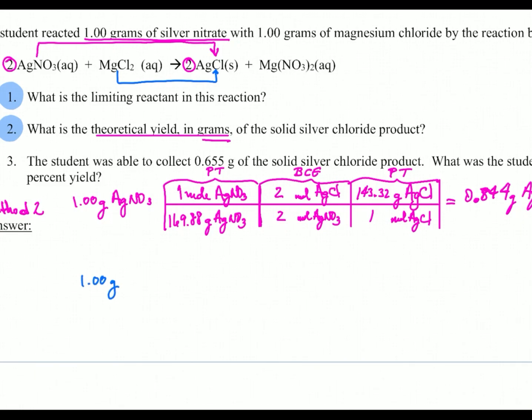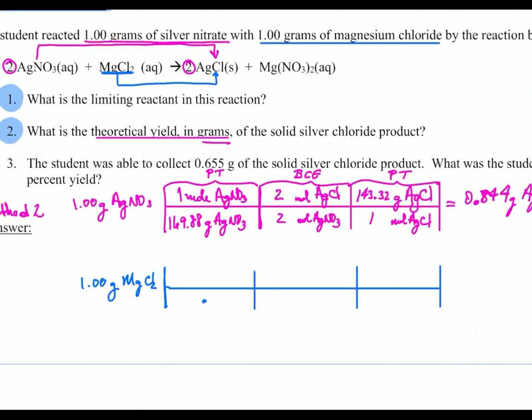1.00 grams of magnesium chloride. So that's your other reactant, MgCl2. You're going to do the same idea of the 3-step calculation.